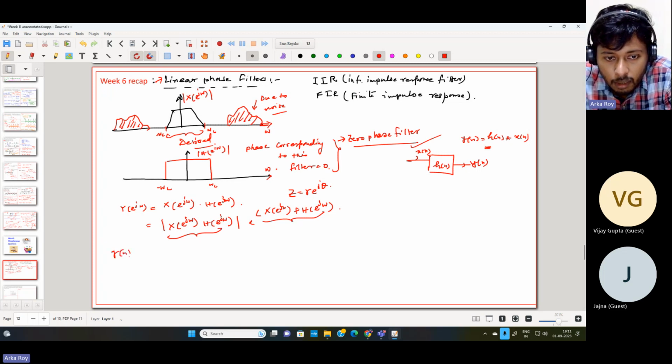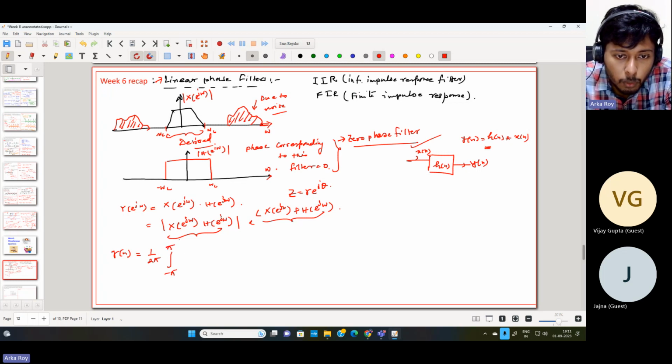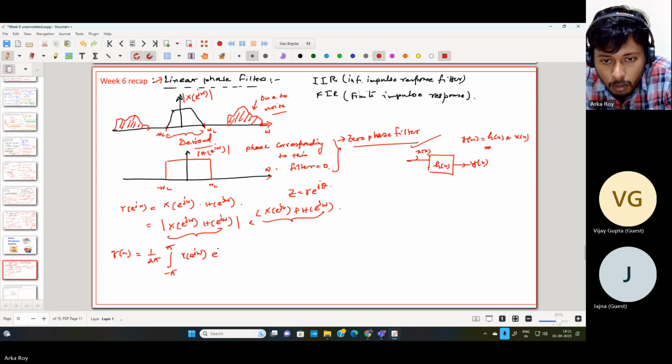Now, if I have to get y of n, I will have to take the inverse DTFT. That is governed by this particular equation: 1 upon 2 pi, integral from minus pi to pi, Y(e^j omega) e to the power j omega n d omega.